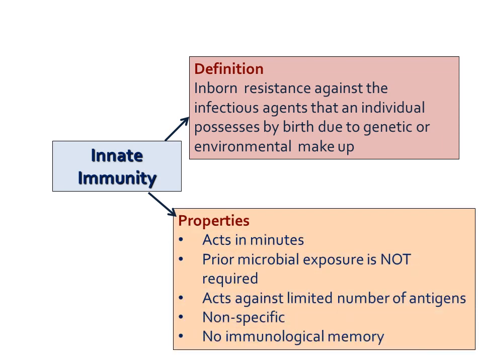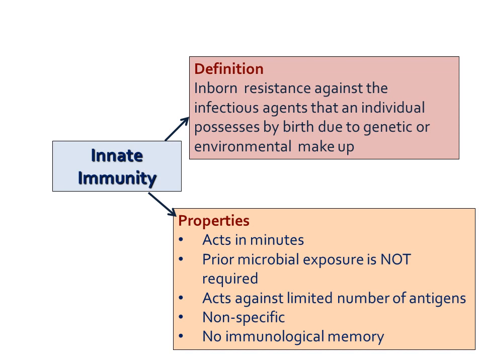And the properties of this innate immunity: it acts in minutes. That means as soon as the microbial agent enters the body, innate immunity starts working, and prior microbial exposure is not at all required to produce this kind of immunity. It acts against a limited number of antigens only.